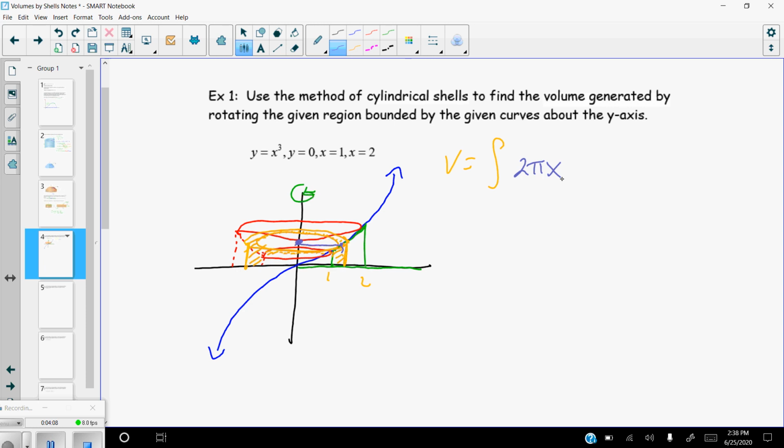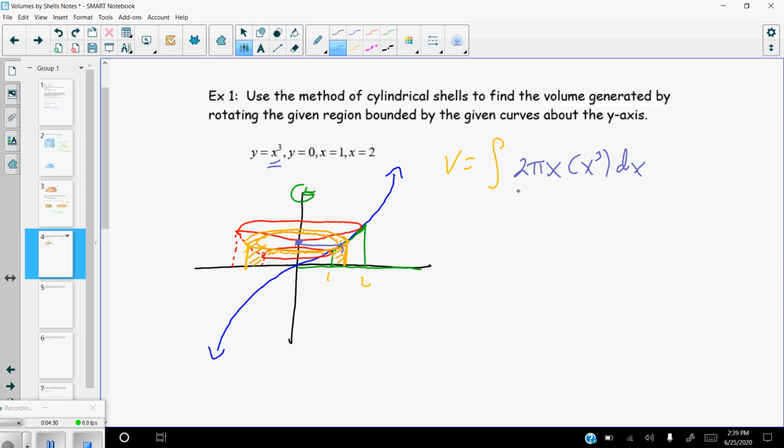The height is defined by the curve, by the function. So the height in this case is x cubed. And then the thickness is some kind of a change of r, but remember that the radius in this case is x, so the thickness is just dx.